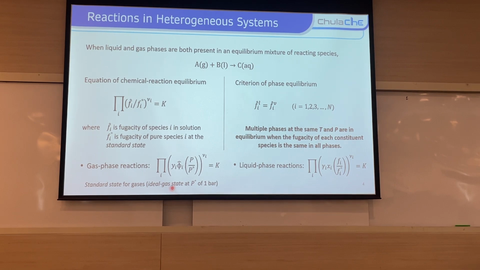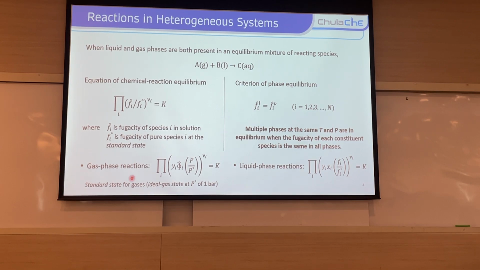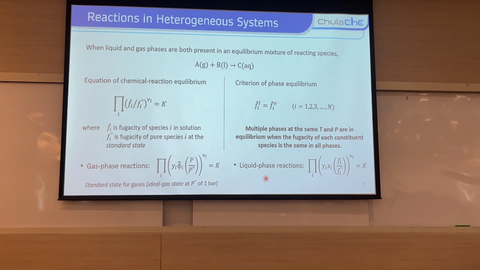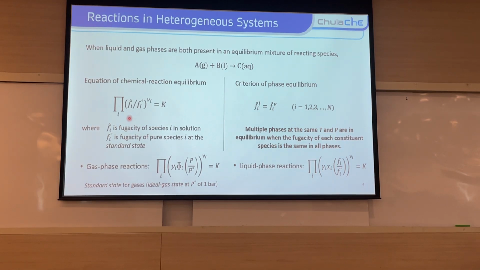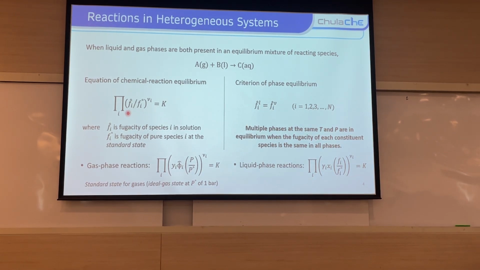And this is just a rearrangement or simplification in the case where we change from the fundamental equation here. In the gas phase reaction, you can change into this form, or if it's a liquid phase reaction, you can change this equation of the chemical reaction here to this form. The difference between these two equations is how you change the fugacity of the species in solution, the fugacity that has the cap here.